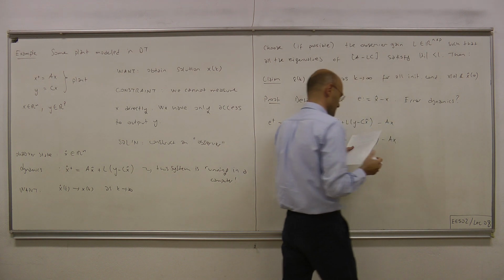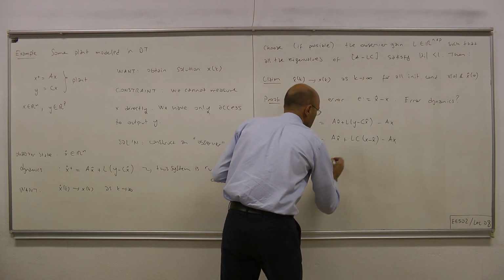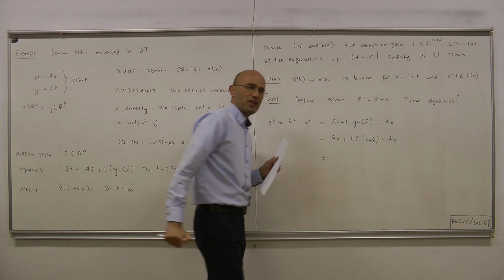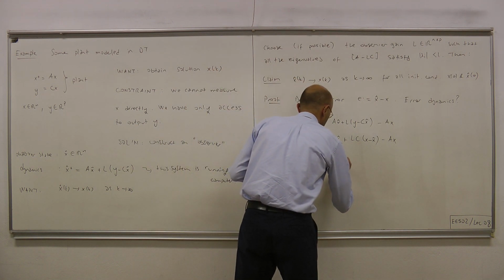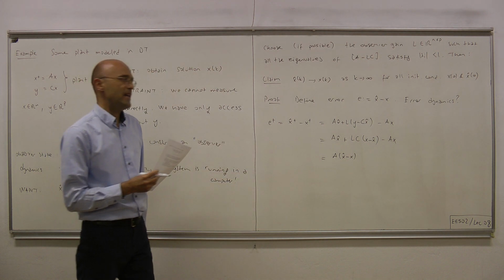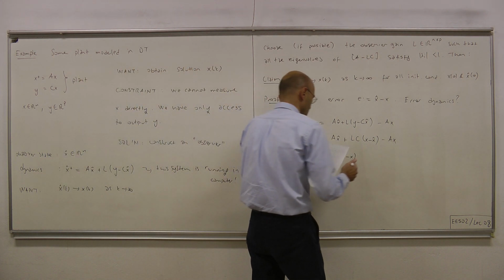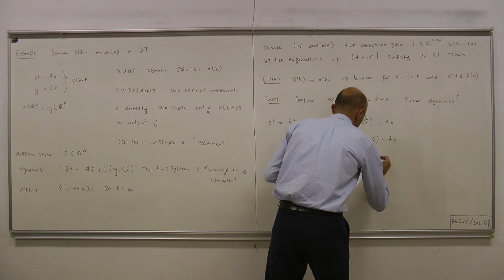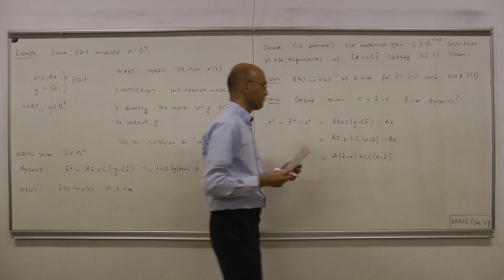Then here we have A x hat, here we have minus Ax, so we can write those two terms as a single term, that is A times the difference, plus LC (x minus x hat).